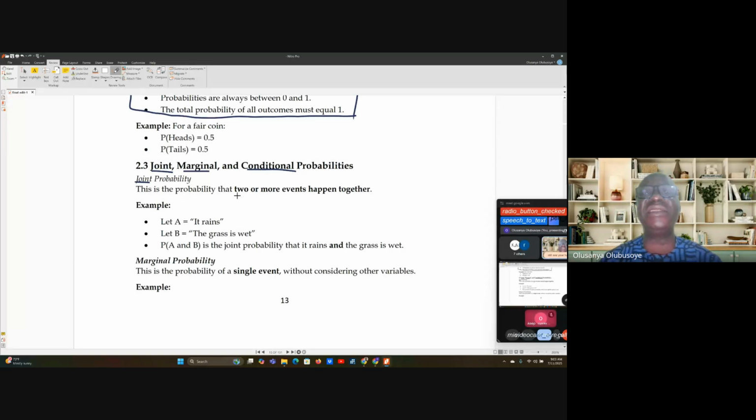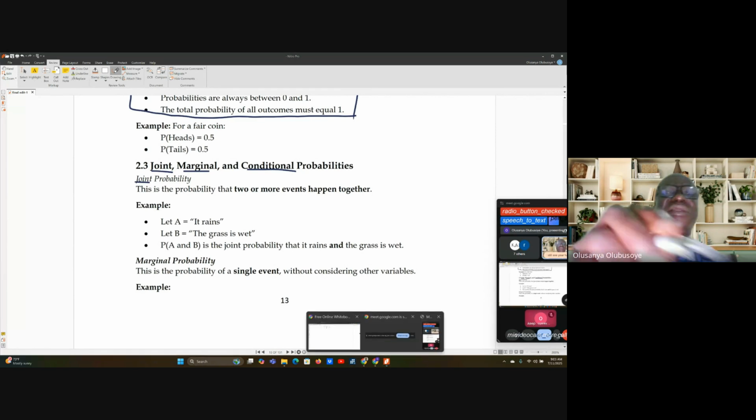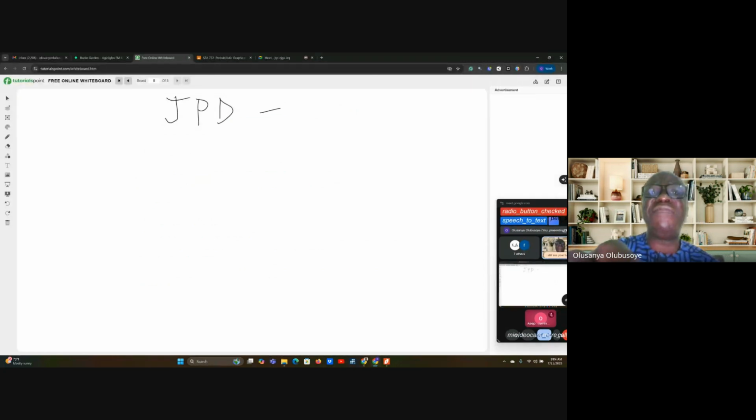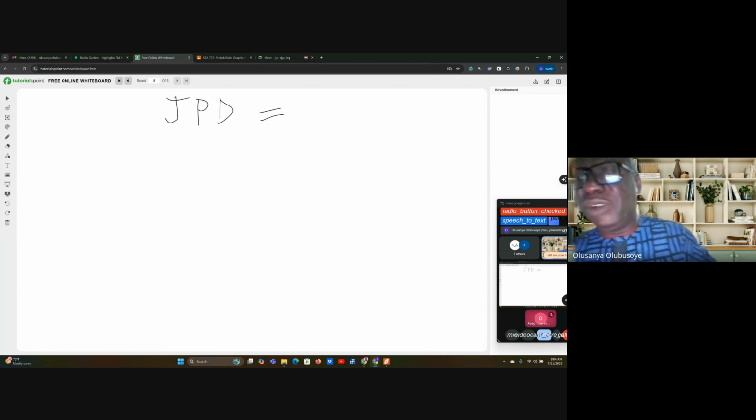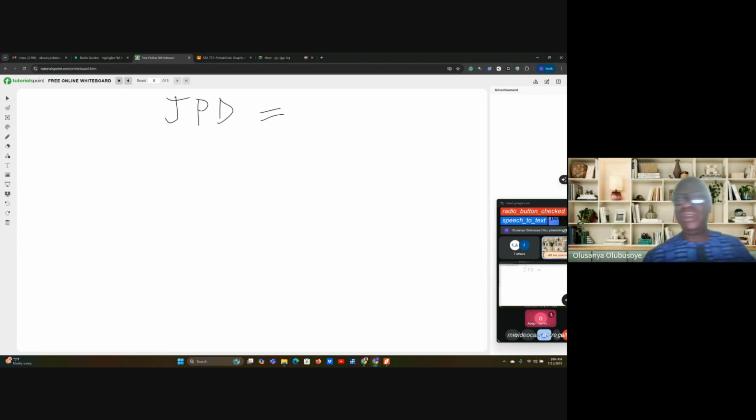Two events happening together. You could have more than two events, but for demonstration, we are going to focus on just two events.